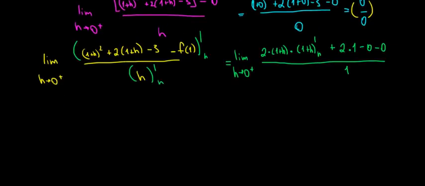Okay, let's make it a bit more neat. We're almost done with this limit. So the limit h approaches 0 from the positive side. We have 2 times 1 plus h, times the derivative of 1 plus h with respect to h, well, that's just 1. Again, 1 derivative is 0, h derivative is 1. Plus 2, the zeros go away, divided by 1.